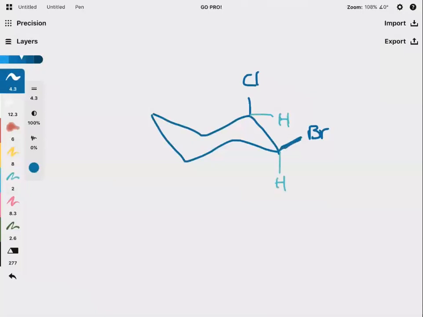The chlorine is axially up and the bromine is equatorially up, but they're both up. So if they're both on the same side, we know they're cis. So the way we would name this is cis-1-bromo-2-chlorocyclohexane.